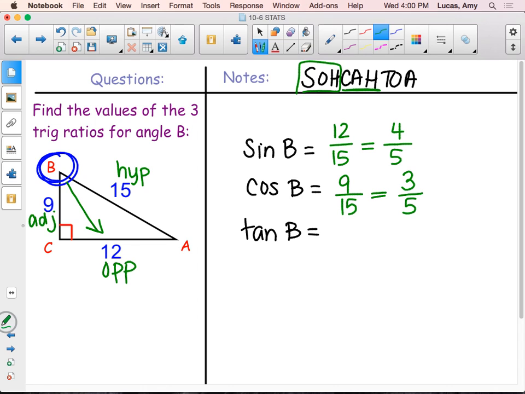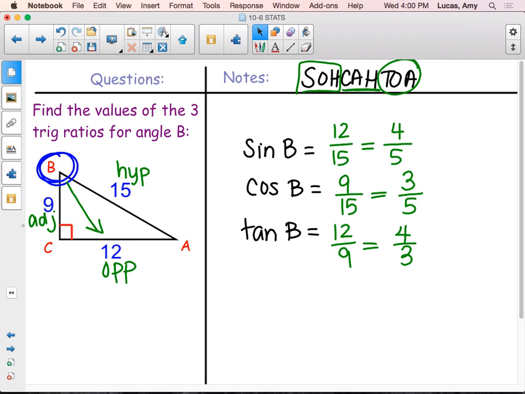And last but not least, tangent, opposite over adjacent. So 12 over 9, if I reduce it, divided by 3 gives me 4/3. So there are the three trig ratios for angle B.